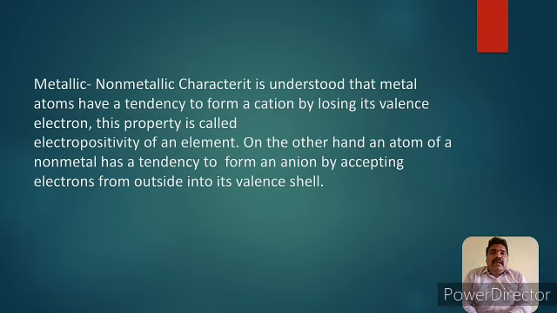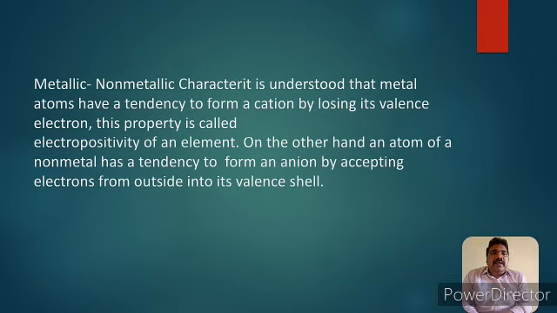Now the third trend, that is metallic and non-metallic character. It is understood that metal atoms have a tendency to form cations by losing valence electrons. This property is called electropositivity of the element.